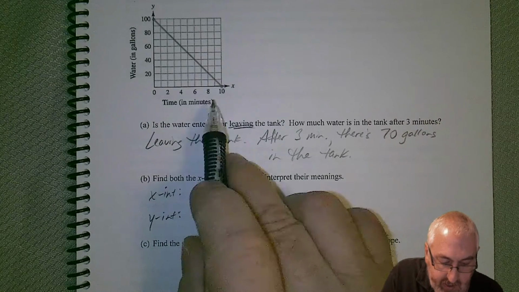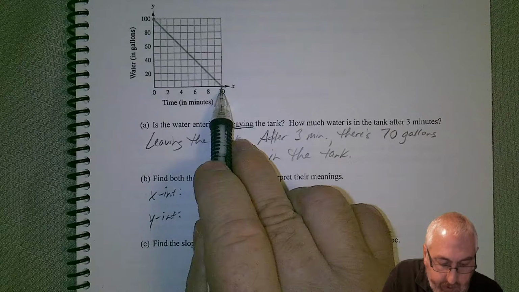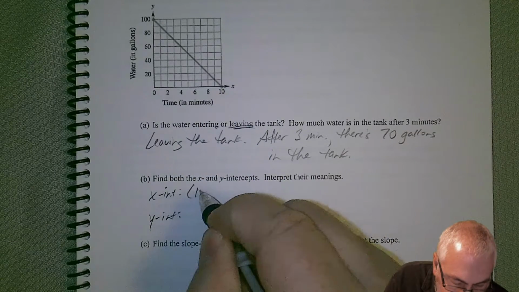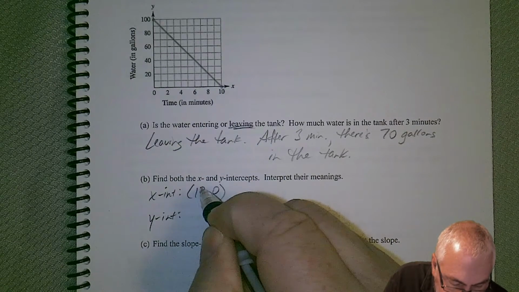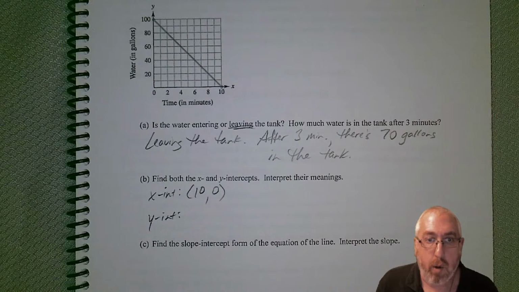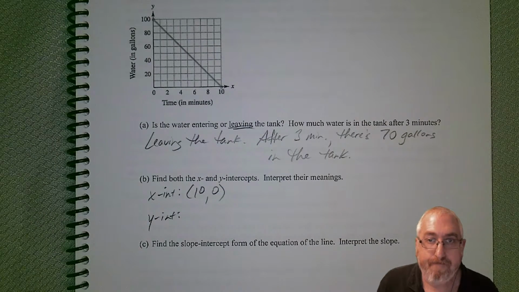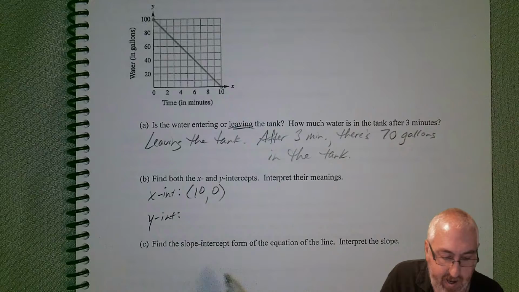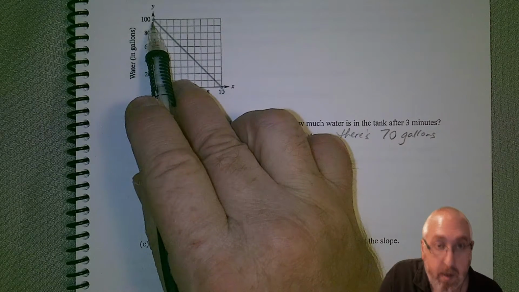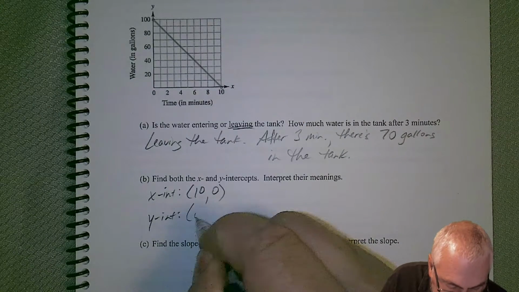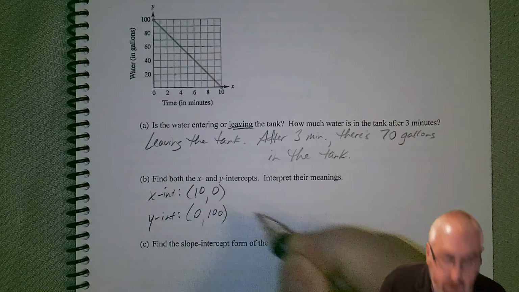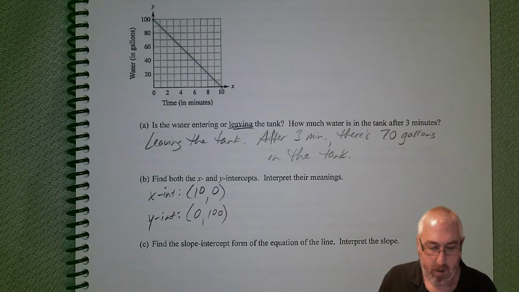So it's crossing the x-axis right here, so that ordered pair would be 10, 0. So what would the y-intercept be? Yeah, so it's going to be crossing up here. Again, for using ordered pairs, let's make sure we're careful.